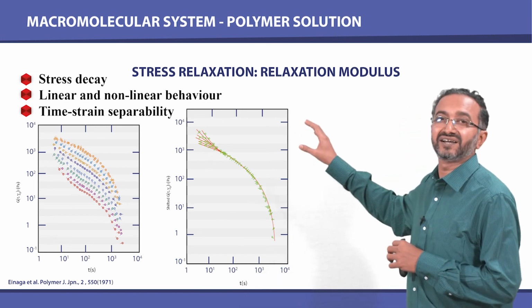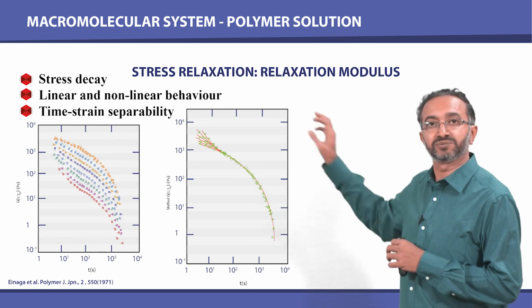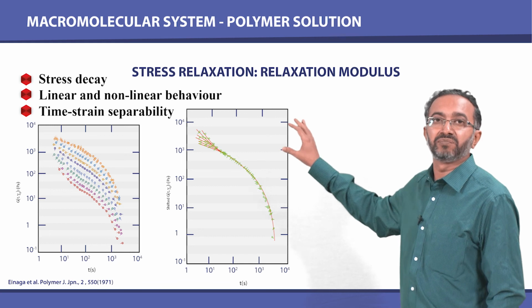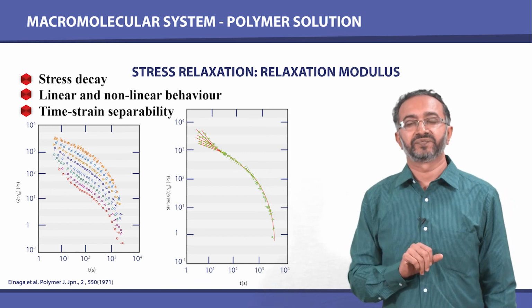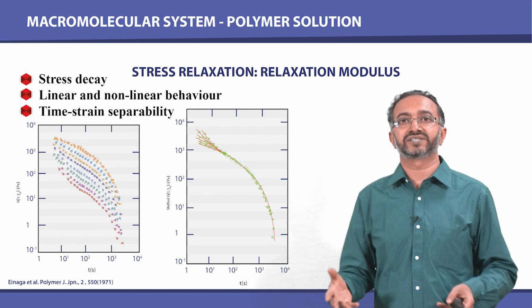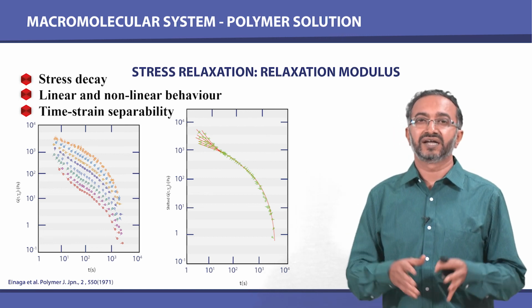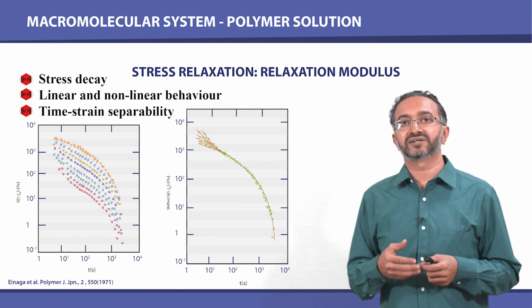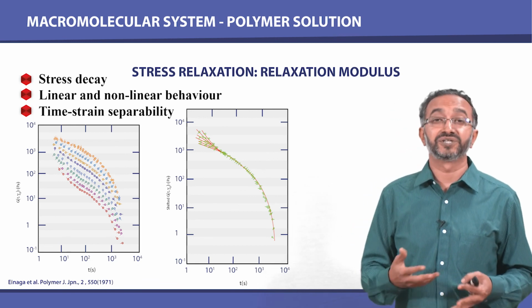Naturally, we can see that when strains are very small or we are in the linear regime, the h of gamma will actually be just unity. So, in that case the overall nonlinear relaxation modulus is same as linear relaxation modulus and the same time dependence is observed. This is a very important indicator of the basic mechanisms and how they respond.